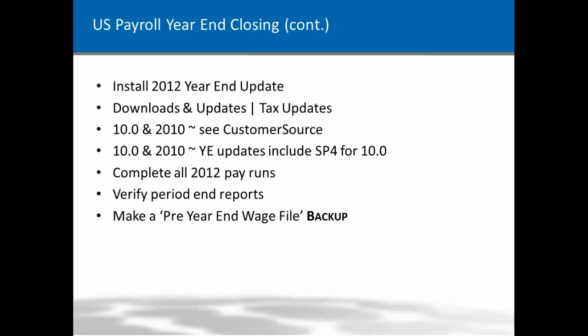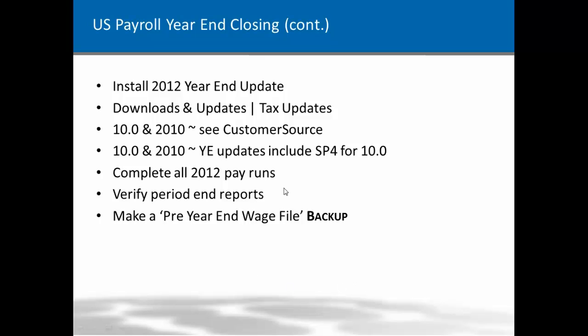So the process for the payroll year-end closing is to download and install the 2012 year-end tax updates for GP 10 and 2010. You can see CustomerSource, and for 10 and 2010 the year-end updates include Service Pack 4 for GP 10.